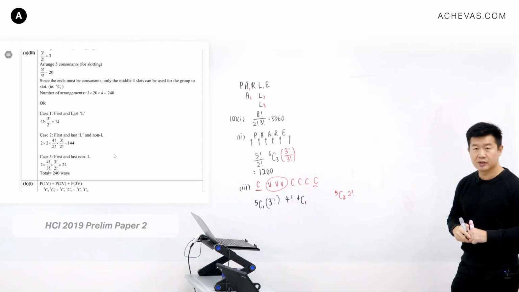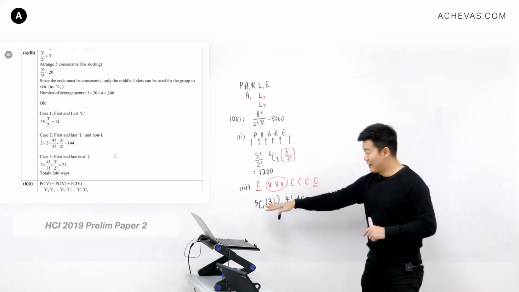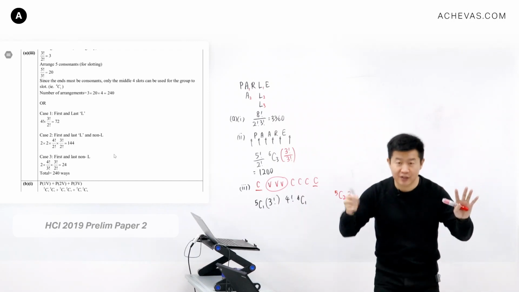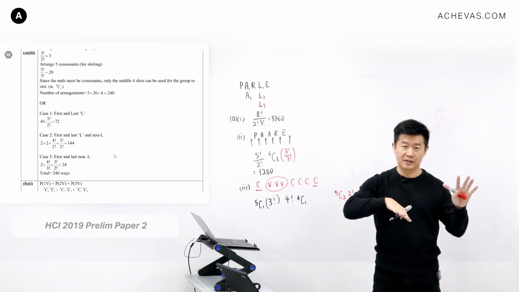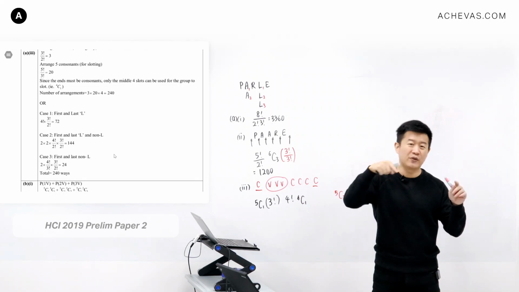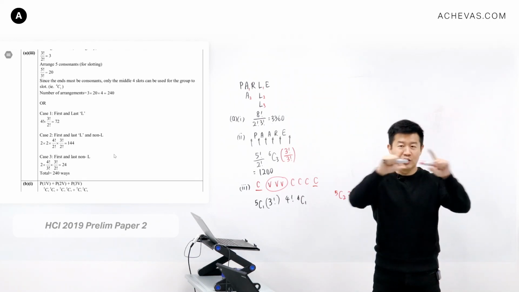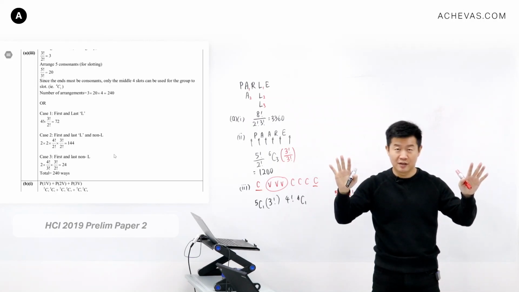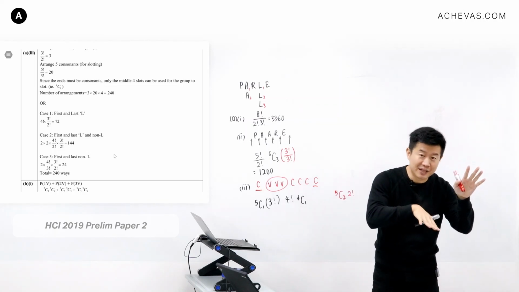So far, any question? So I have satisfied the condition in order for me to apply the identical objects idea. Like what I was telling you, in order to divide by identical objects, you need to make sure that whatever is on top are all distinct, because you are using numbers to manage it.